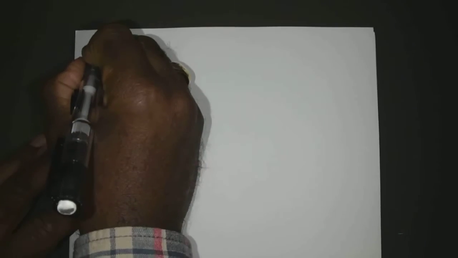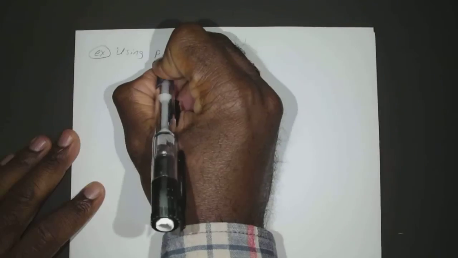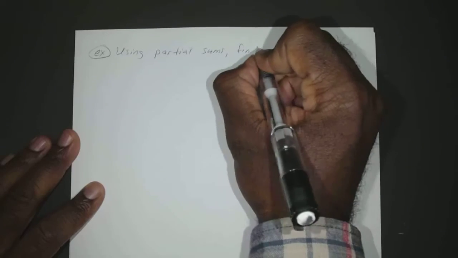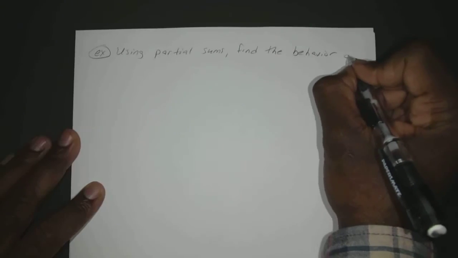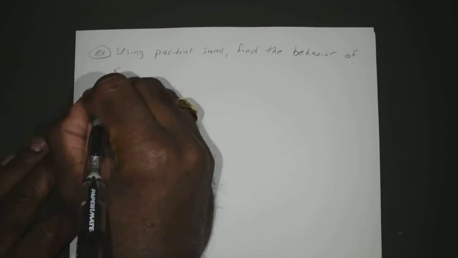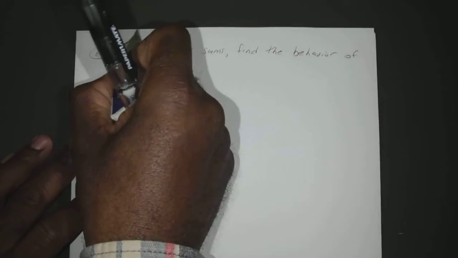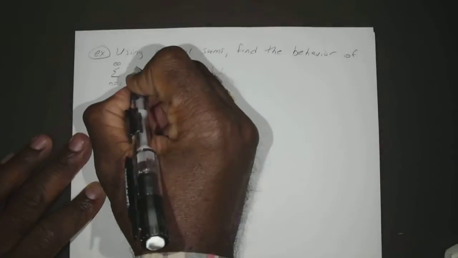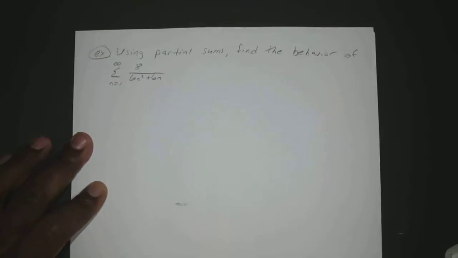So let's say, for example, using partial sums, find the behavior of the sum n equals 1 to infinity of 8 over 6n squared plus 6n.